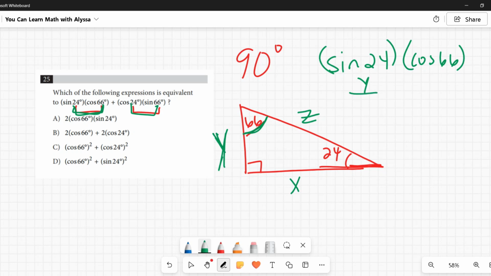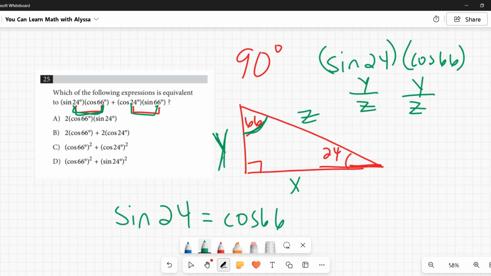So y over z. What is the cosine of 66? Cosine is adjacent over hypotenuse. So y over z. All right, so they are equivalent. Sine of 24 and cosine of 66 are the same thing. They are the same. Sine of 24 is the same thing as cosine of 66.